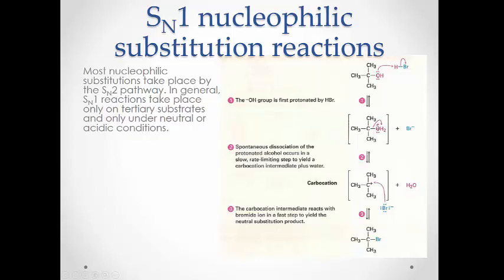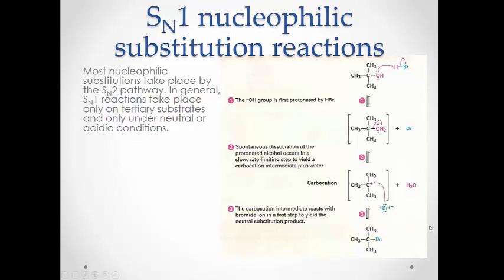Now we've got this positive water on the carbon, and that wants to break away because it's got a positive charge. It's not very happy, so it will come away from the molecule and leave a carbocation. You notice this is a tertiary carbocation that's being produced.